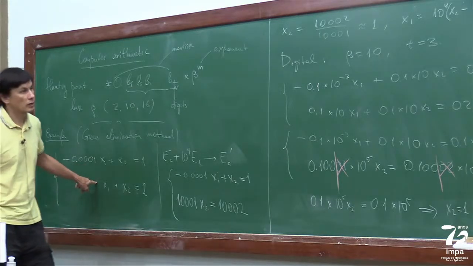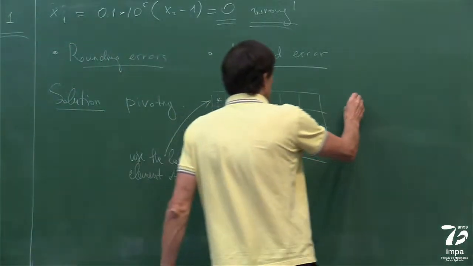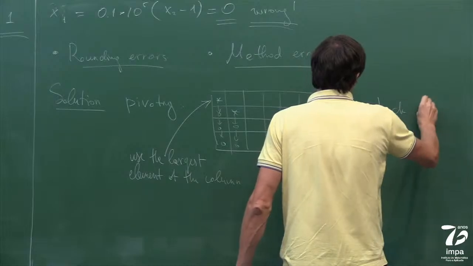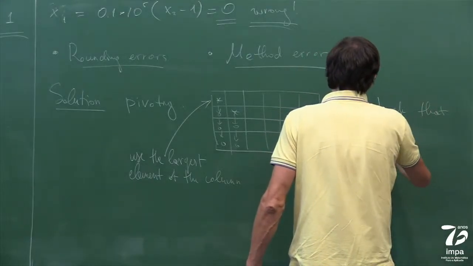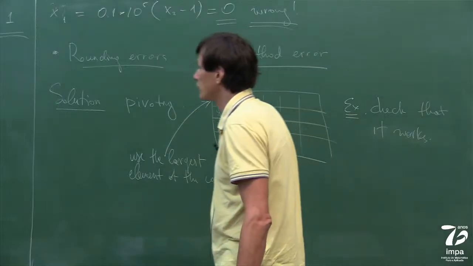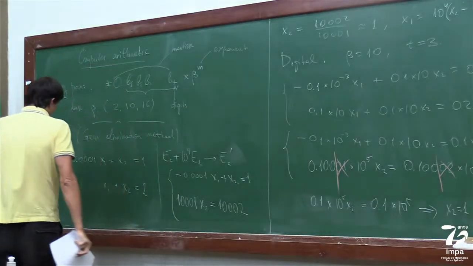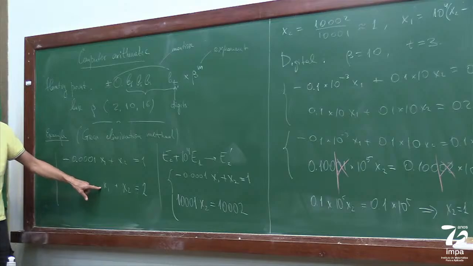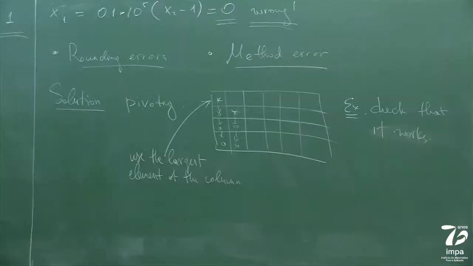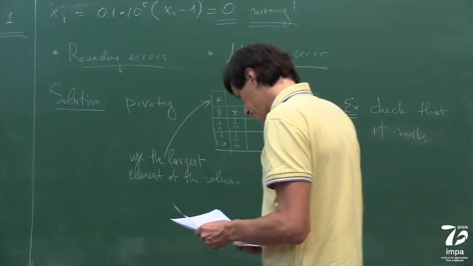If you start with 1, so this is a good exercise for you, check that it works for this problem. If instead of taking just the first, you take the one which has the biggest coefficient, you will be safe. You will not make these large errors.